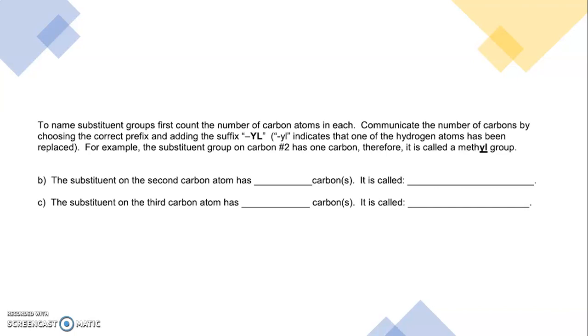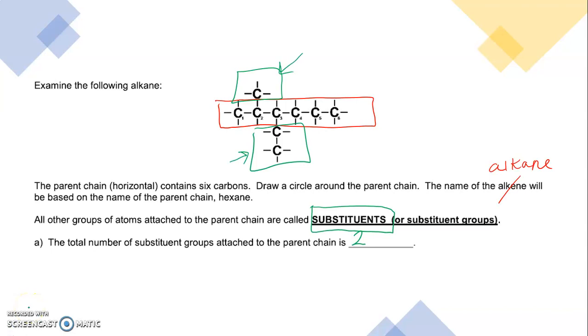Communicate the number of carbons by choosing the correct prefix and just adding YL. So if we're to look back here, this is 1 carbon, and this is 2 carbons. If you refer to your prefixes for 1 through 10, 1 carbon, the prefix is meth.